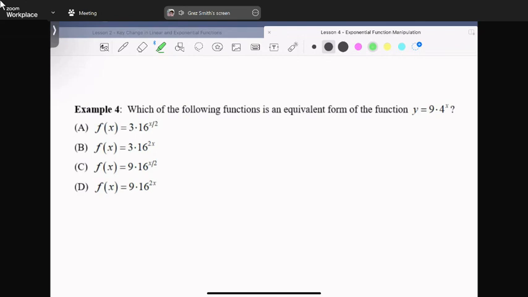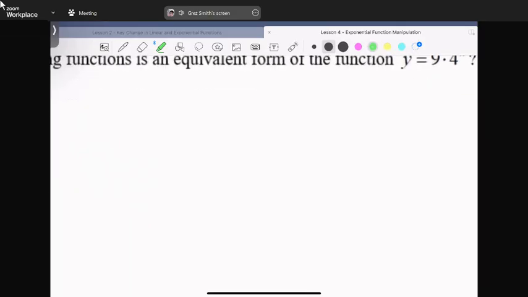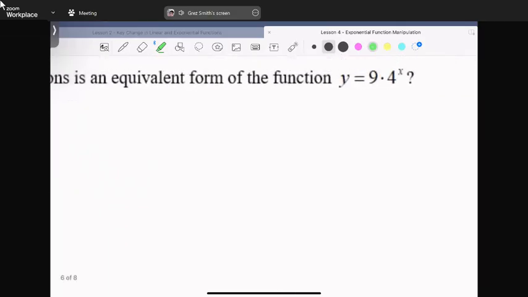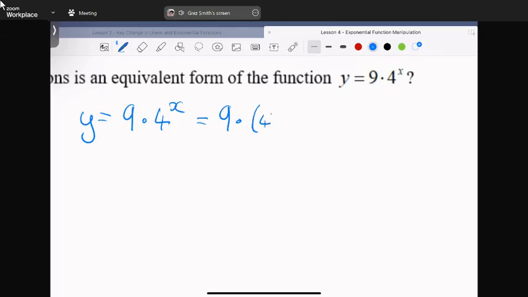All right, let's have a look at this one. So we're going to start over here. We've got y equals 9 times 4 to the x. That's 9 times 4 to the x is 4 squared. That gets us our 16, but then we've got to get rid of our 16. So we still have 4.